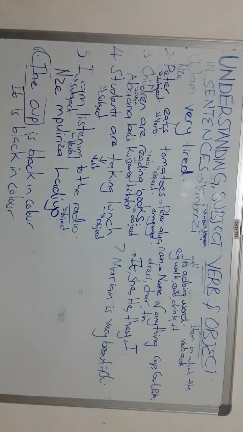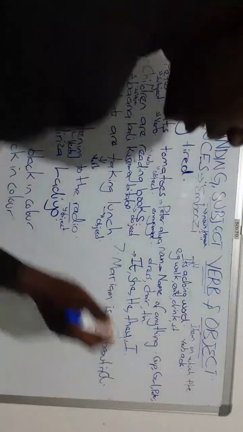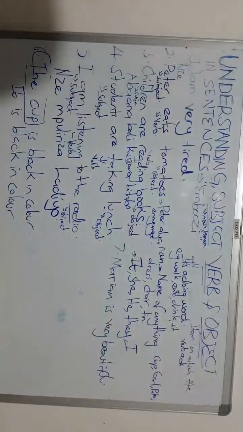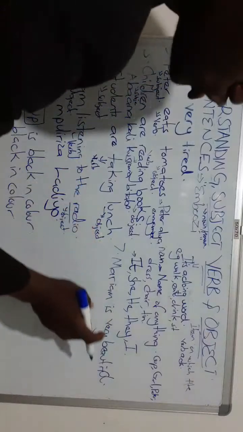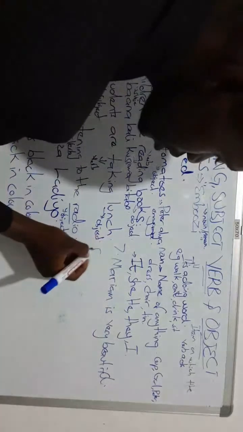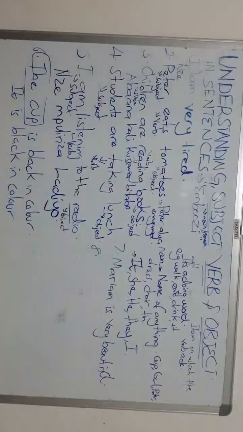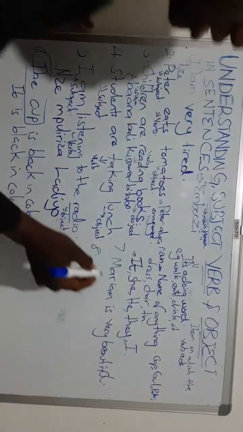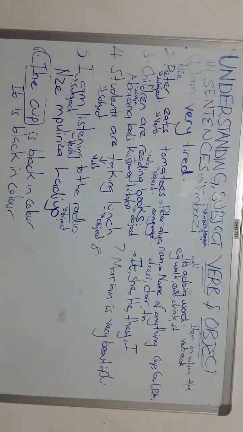Mariam is very what? Is very beautiful. Omuwala oyo, omuwala Mariam mulungi nnyo. So Mariam is very beautiful. Hope we are together. Okay, let's proceed. In this case, my subject is Mariam. Hope we are together on that.